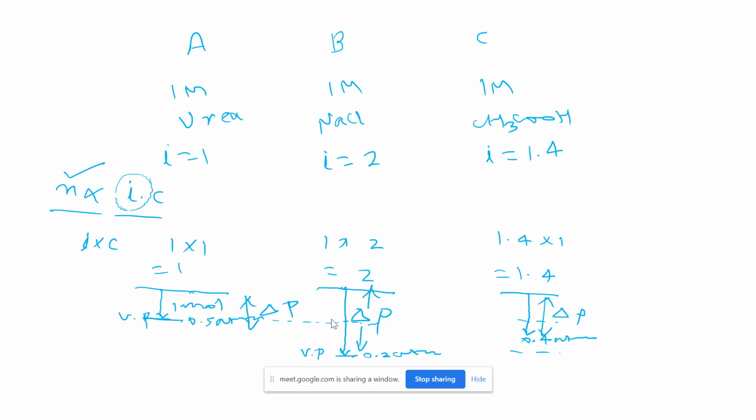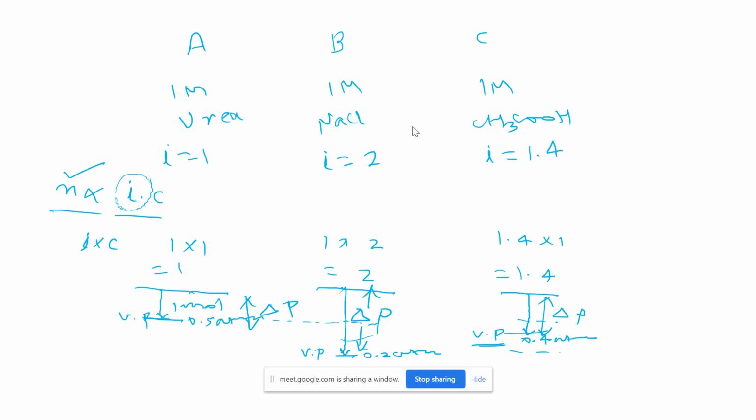So you are getting the difference between these. Vapor pressure is minimum for B, and delta P is maximum, because when the change, the decrease, is maximum, then the final value comes out minimum. Now can you relate it?